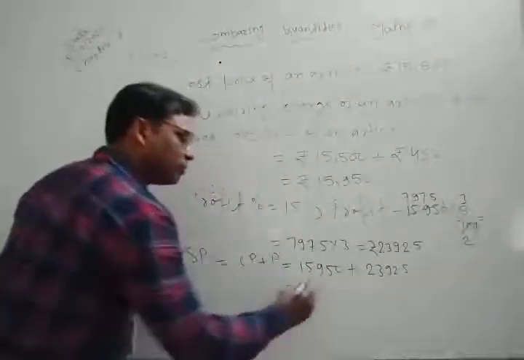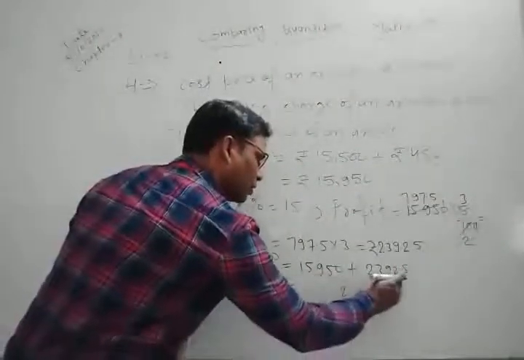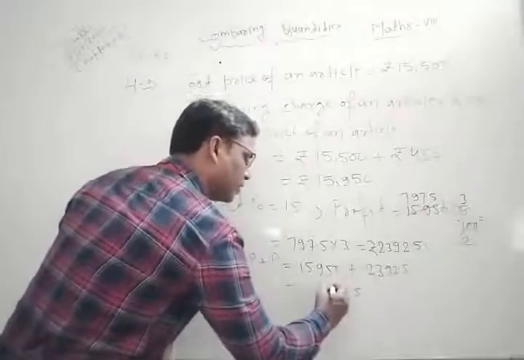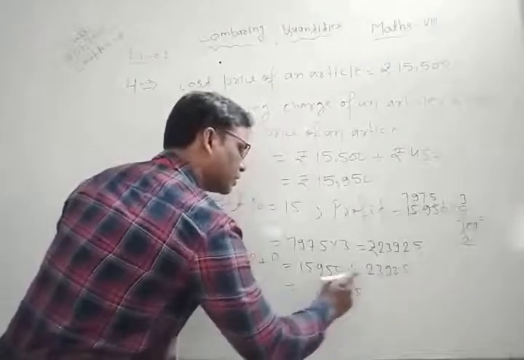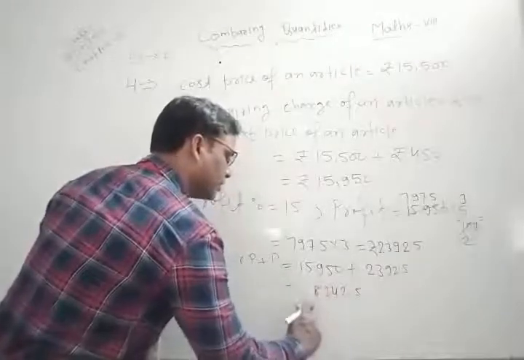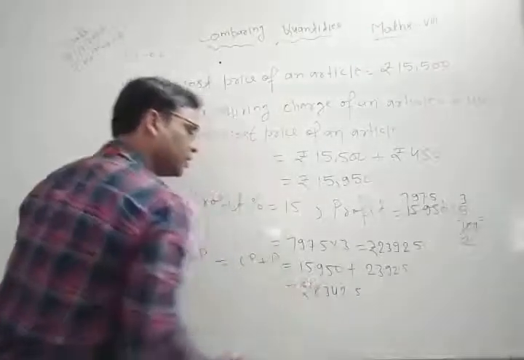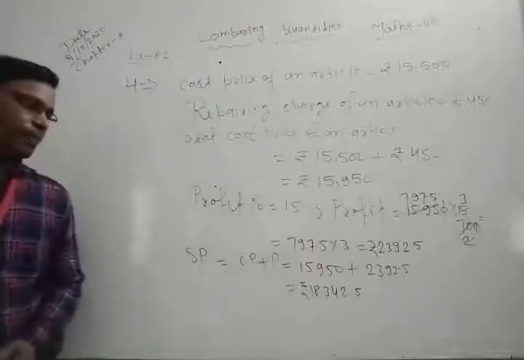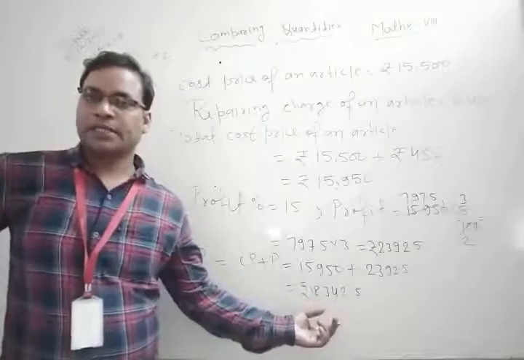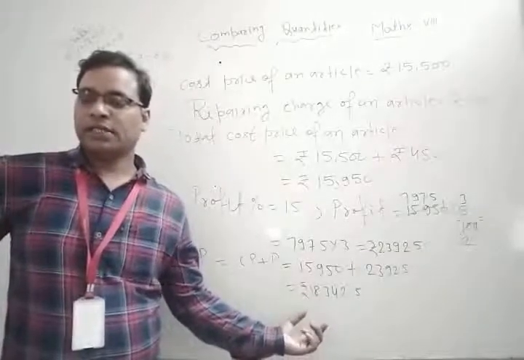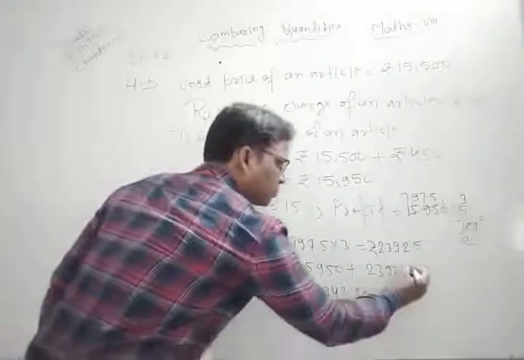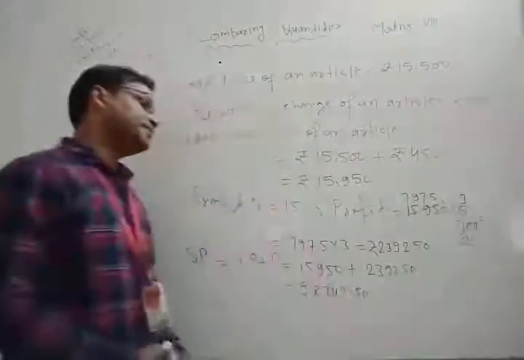If we sum them: 2 plus 0 is 2; 9 plus 5, 14, carry 1; 3 plus 9, 12, plus 1 is 13, write 3 carry 1; and 2 plus 7 is 9... so we obtain 18,342.5 rupees. This is the selling price, 18,342 rupees and 50 paise. Clear?